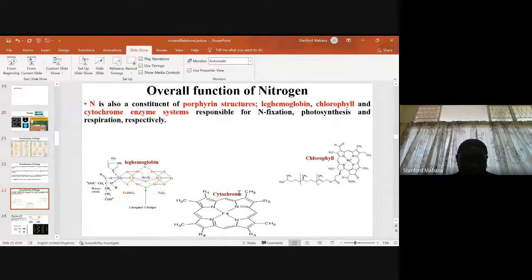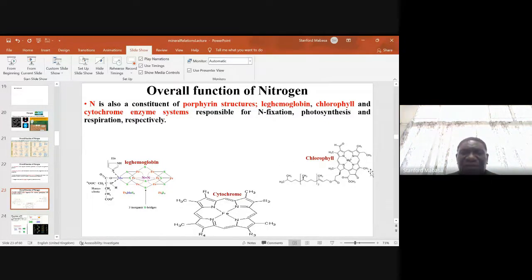Also, nitrogen is found in the cytochrome. It is also found in chlorophyll. Of course, we are not supposed to memorize these complex structures, but only to remember that nitrogen is part of these important substances.